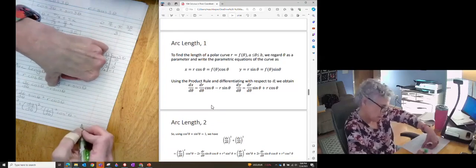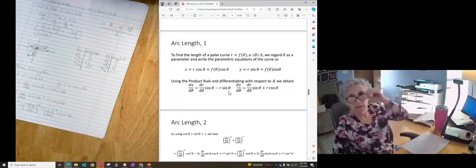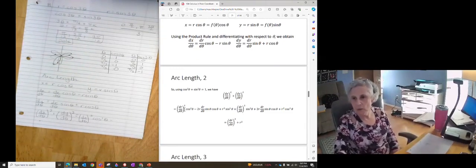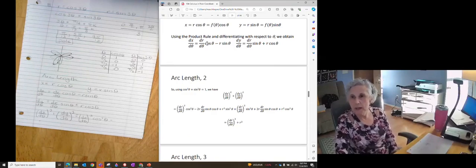I'm going to run out of room, so let's just look at it where I have it typed up already. So I square the first term, 2 times the first times the last, so I have 2 times dr/dθ cosine theta times r sine theta. That gives me minus 2r dr/dθ sine theta cosine theta.